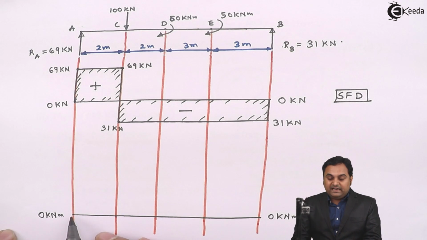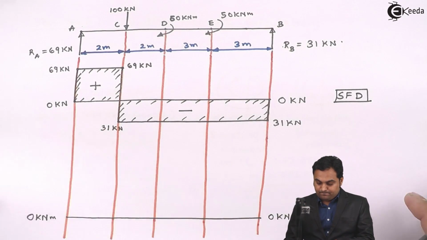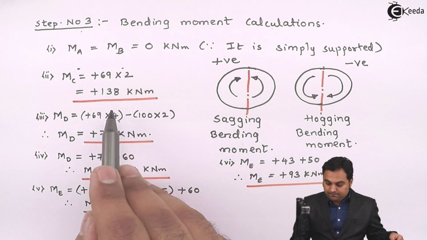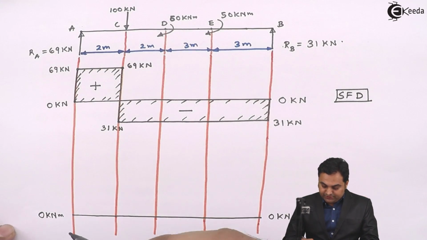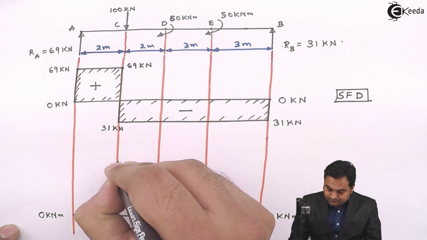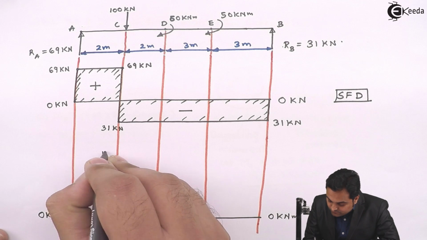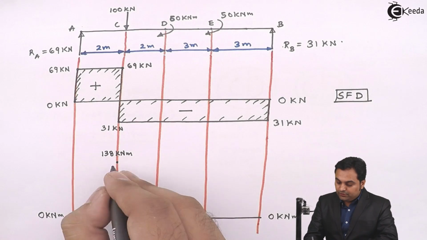Now the bending moment at A is 0, at C the value is plus 138 kilonewton meter. So when the value is positive, we have to plot it above this line. 138 kilonewton meter.